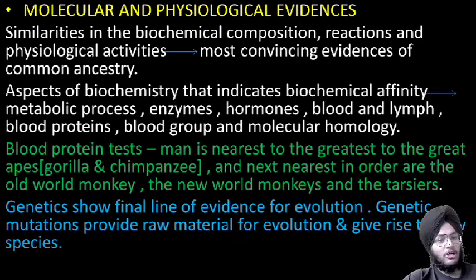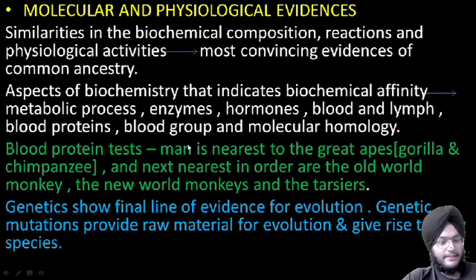Next, let us talk about molecular and physiological evidences. Similarity in the biochemical composition, reactions and physiological activities is the most convincing evidence of common ancestry. Aspects of biochemistry include biochemical affinity like metabolic processes, enzymes, hormones, blood and lymph, blood proteins, blood group and molecular homology.